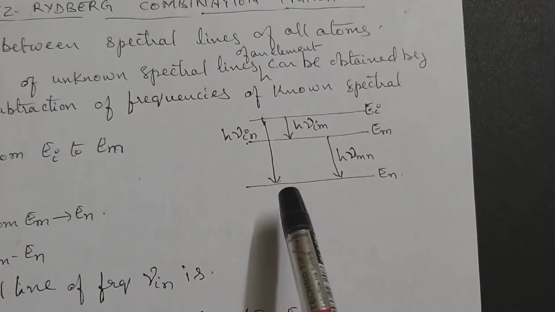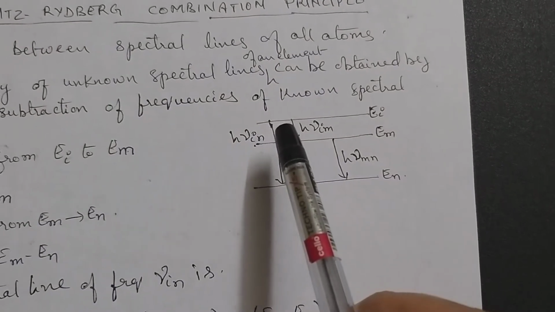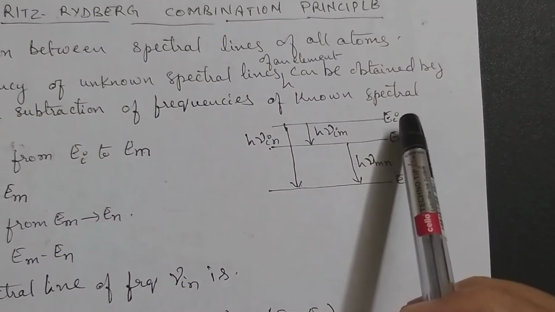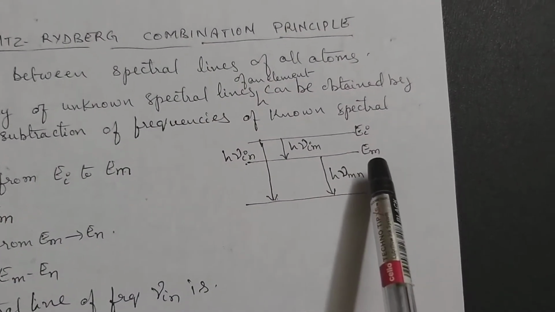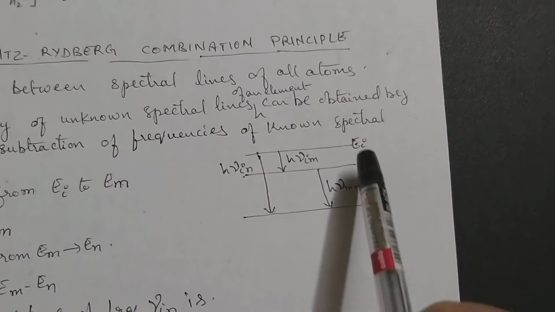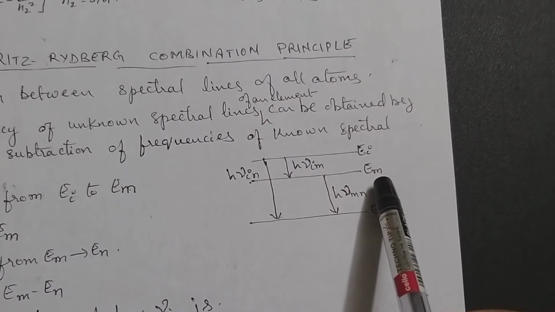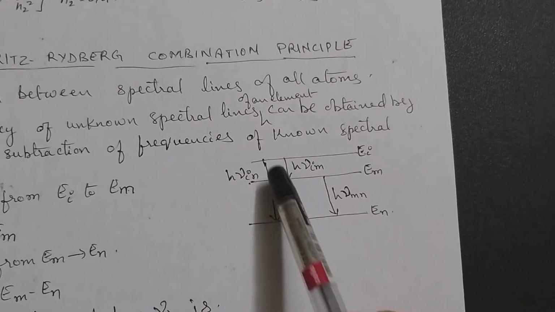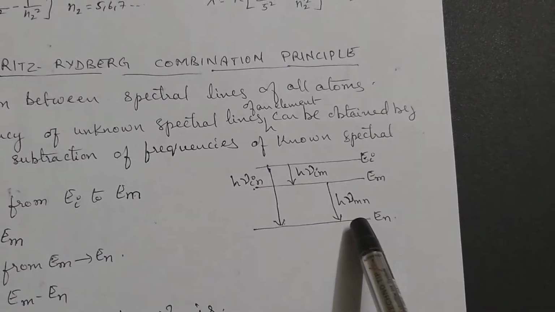For example, in this figure, an electron jumping from Ei state to En state, and another electron jumping from Em state to En state, another electron jumping from Ei state to Em state. So we see this total energy should be equal to this energy plus this energy.